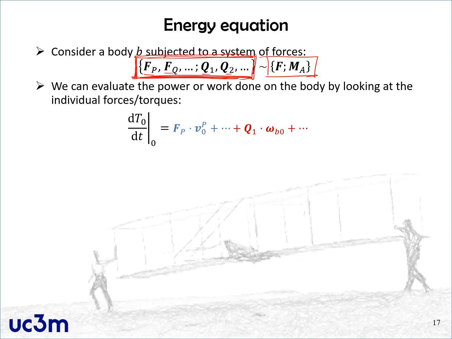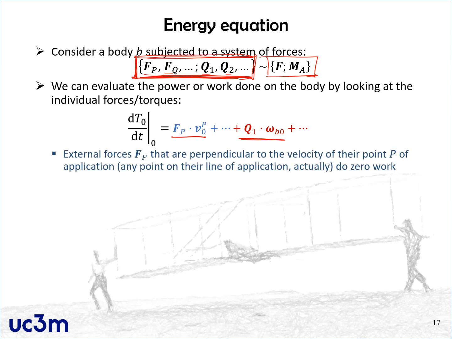So you will have two families of terms. You will have the force terms, which will look like this, where the relevant velocity is the velocity of the point of application of each individual force. And you will have the torque terms, which involve the angular velocity of the rigid body. Clearly, we can see what is the condition for each of these terms to be always equal to 0.